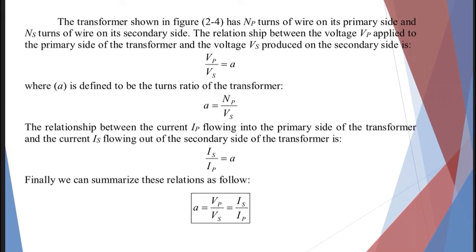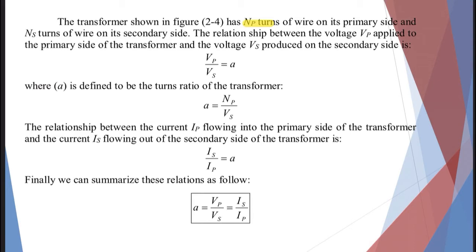The transformer shown in figure 2.4 has NP turns of wire on its primary side and NS turns of wire on its secondary side.